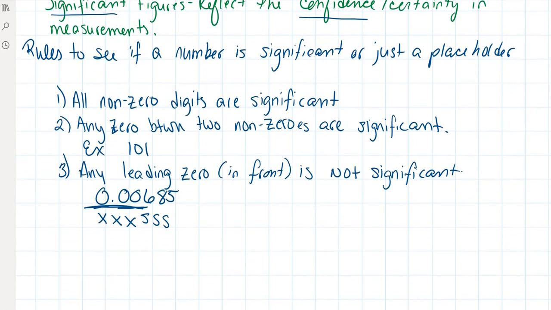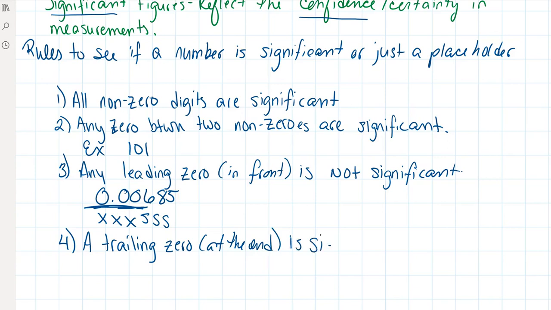The last situation I can have is like in our 60.0, where I have a trailing zero. A trailing zero, so zeros at the end, is significant only if there's a decimal point.